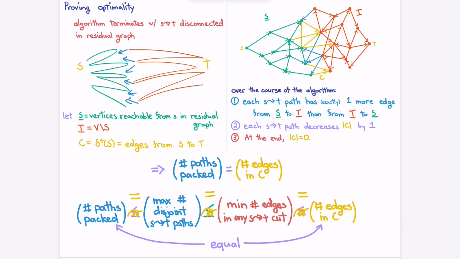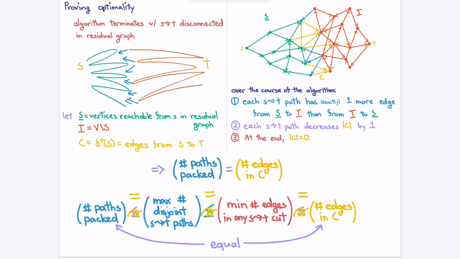And then we proved that the algorithm was optimal. What we did was, at the end of the algorithm, S can no longer reach T, right? So we focus on the vertices that S can reach and the cut going from that side to the other. Initially it had a lot of edges, but every time you added one more path, the total number of edges going from the S side to the not S side went down by one, because there's a net increase of one in the residual graph.